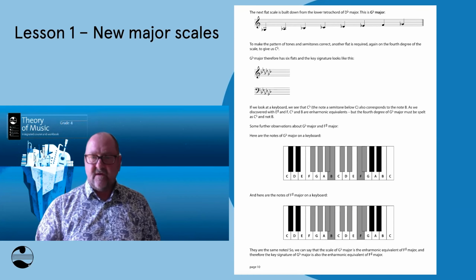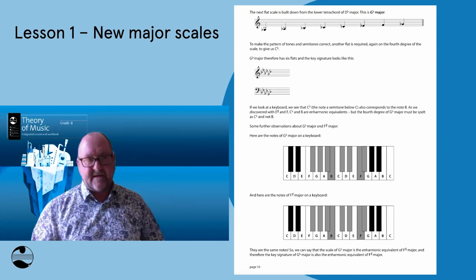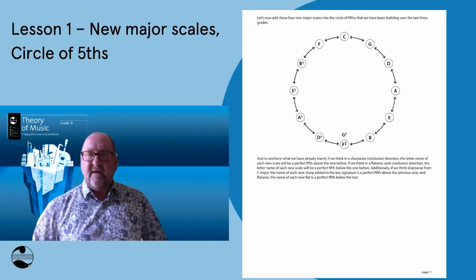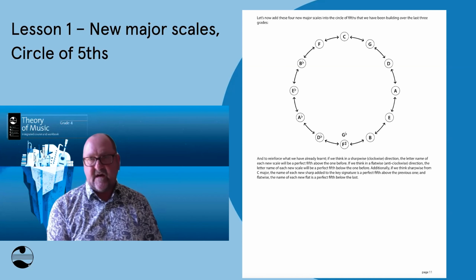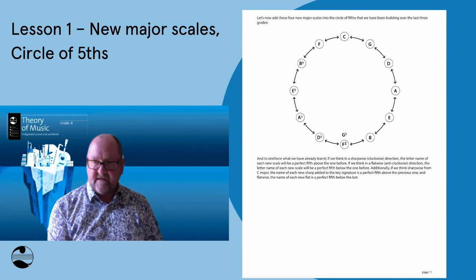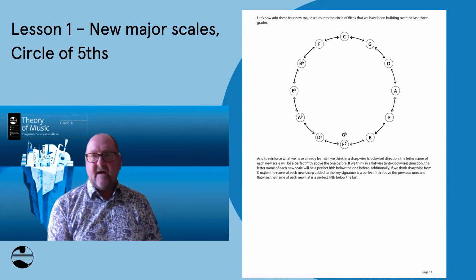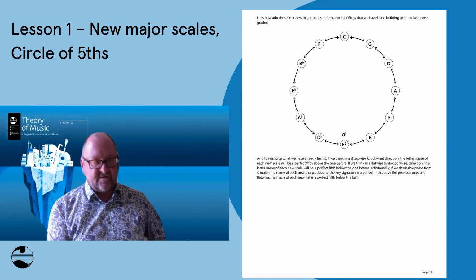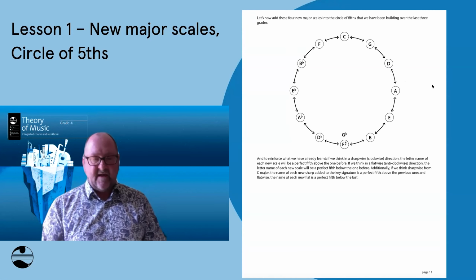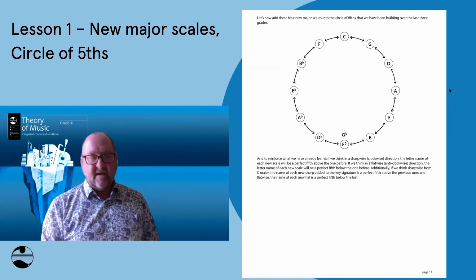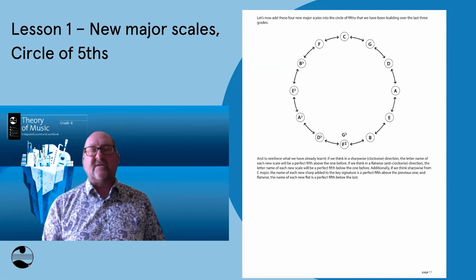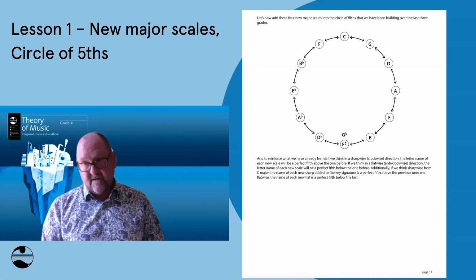And just moving on to the next slide, the circle of fifths we've been developing right from the start. And so I've put in these new major scales into the circle of fifths. And I think this is a really important thing for students to understand, because it shows the progression of sharps and flats, but it also shows the progression of sharps and flats in the scales.